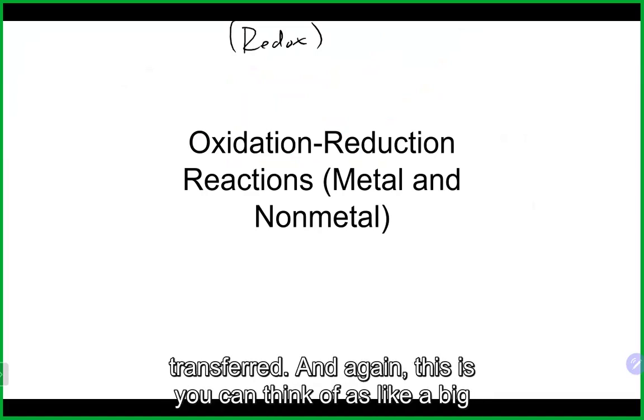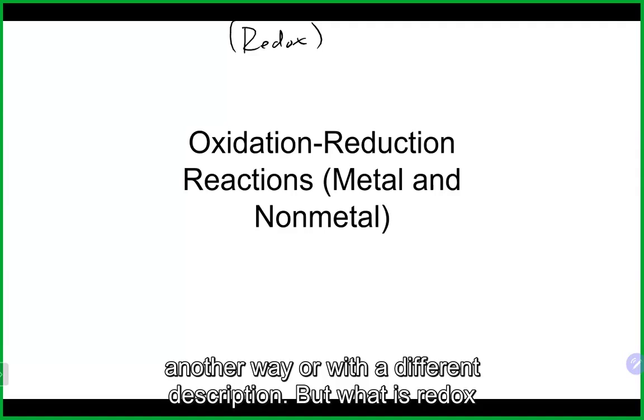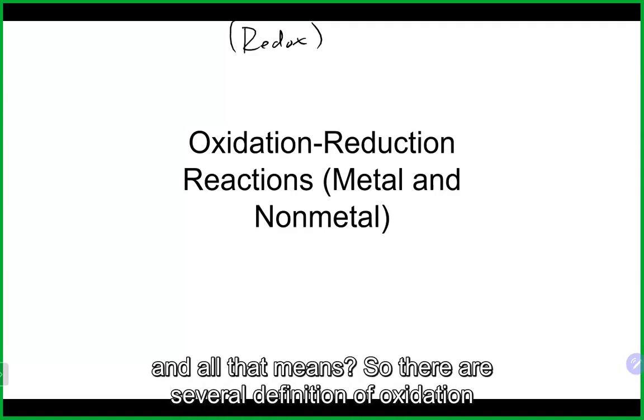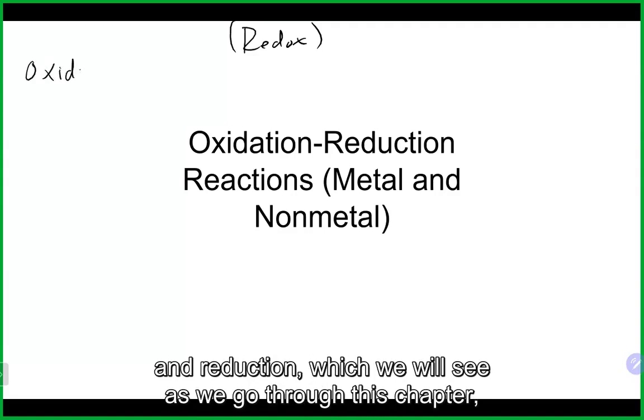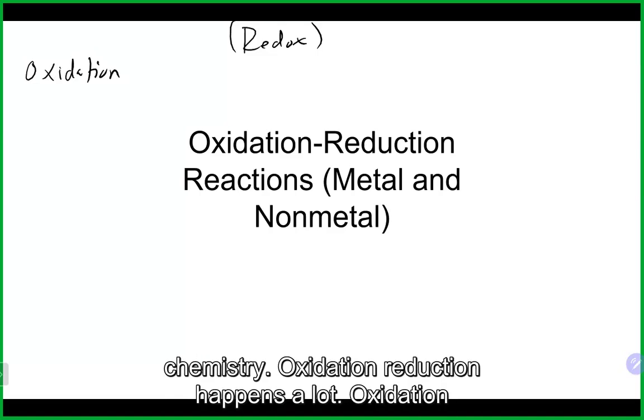You can think of this as a big umbrella under which we can more specifically classify reactions another way or with a different description. But what does redox mean? There are several definitions of oxidation and reduction, which we will see as we go through this chapter. And we'll see it again when we get to organic chemistry.